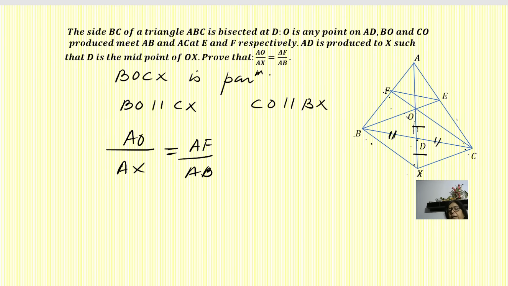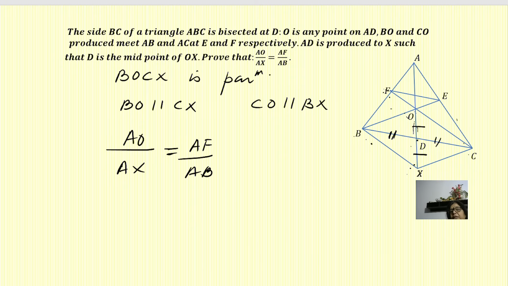Now, once it is a parallelogram, we know that in the question, CO has been extended to the point F and BO has been extended to the point E. So if in the parallelogram BOCX, CO is parallel to BX, then CF is also parallel to BX. So we consider the triangle ABX, and in this triangle ABX we get OF is parallel to BX.